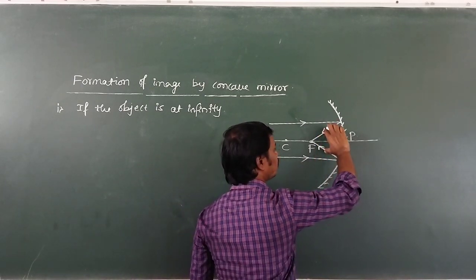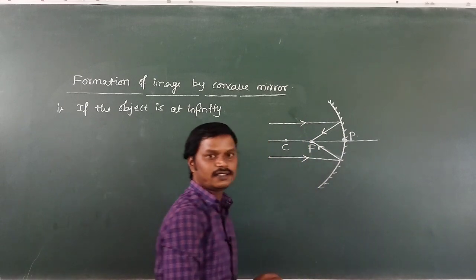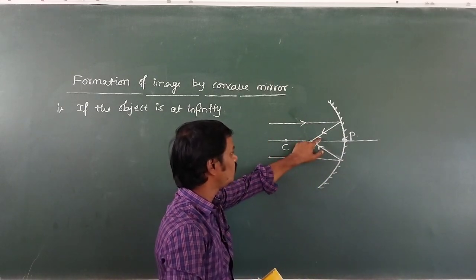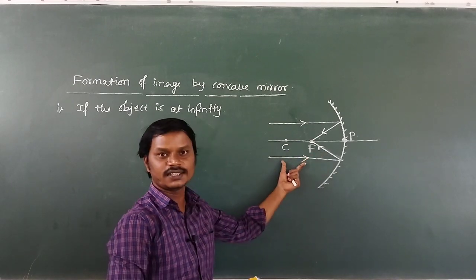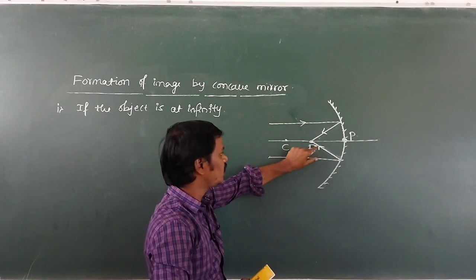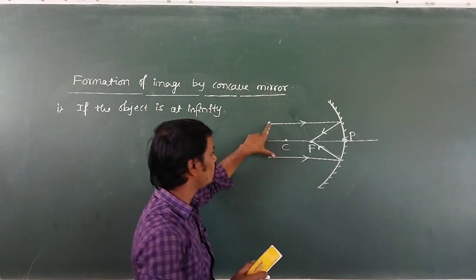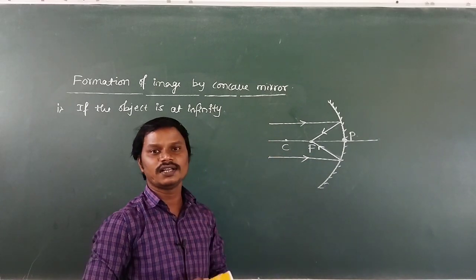So these are the reflected rays, and these two are the incident rays. This is the reflected ray for this incident ray, and this is the reflected ray for this incident ray. And these two reflected rays will meet at the focus, because the rays are parallel to the principal axis.